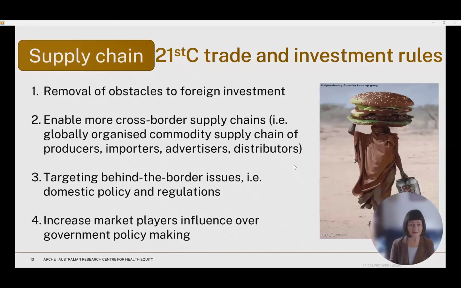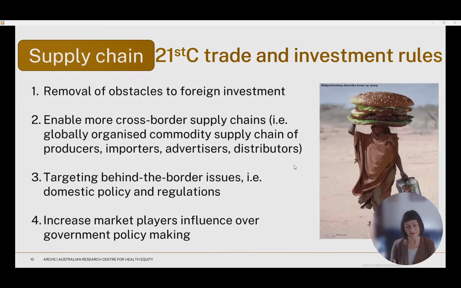And that sits alongside a trading and investment regime, which is public policy. These companies are very eager for trade and investment rules to be set up in a way that makes their global supply chains work the way they want them to work, which of course from a commercial perspective makes complete sense.